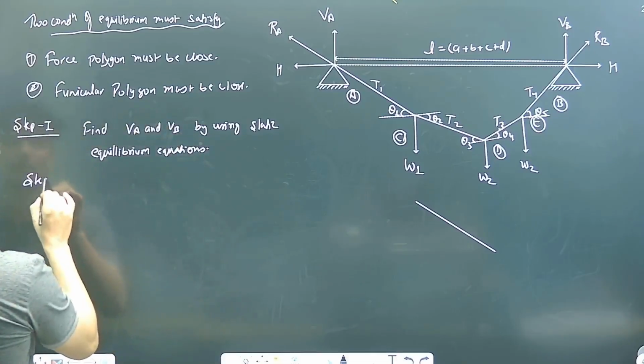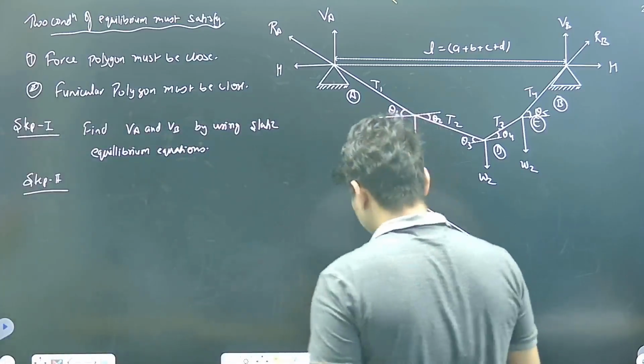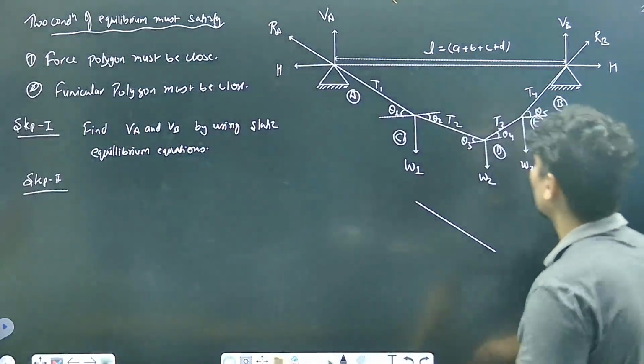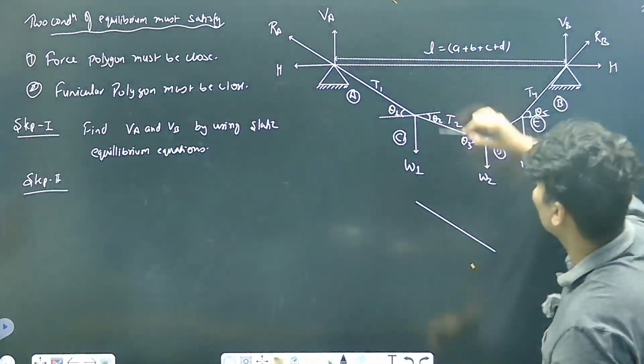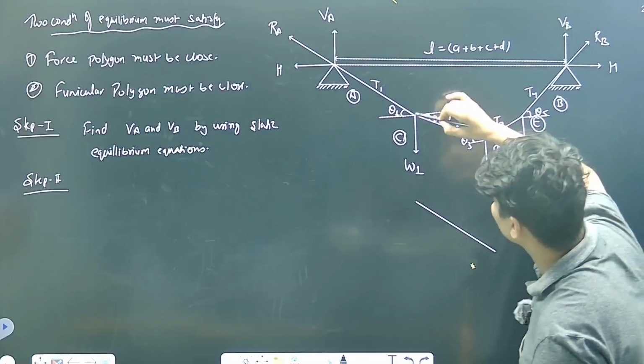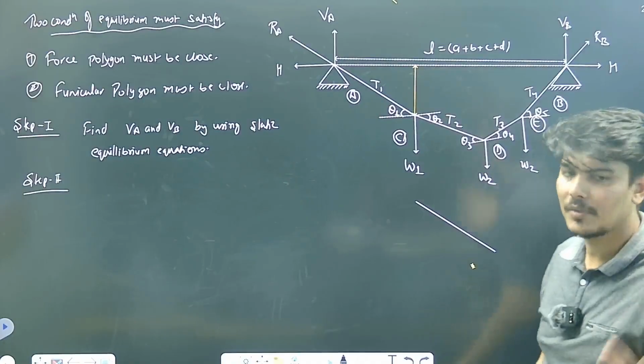Step 2. In the second step, you can see that this point C is dipped from the original position. How much dip is there?